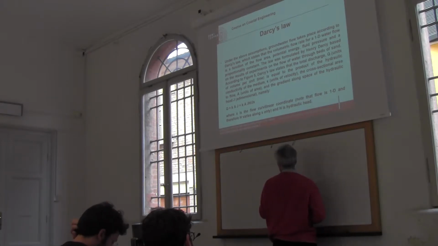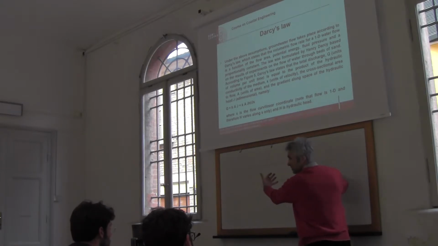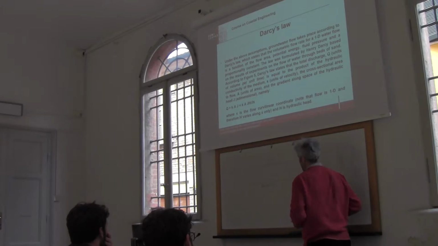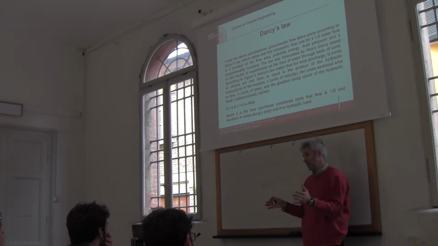And let's suppose that you have a porous media below here, which may be limited by a bedrock. So let's suppose that you have a water flow coming from the blackboard towards us, and let's assume that this flow is represented by a velocity vector.